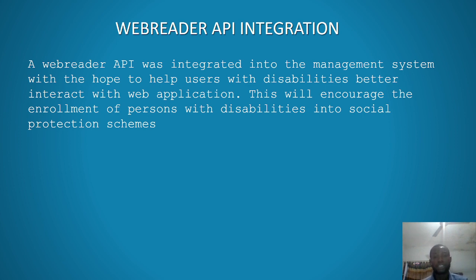The system integrates a web reader API, which has a screen reader that can help people with disability, especially blind people, interact with the website without looking at the screen. So that's some of the things I integrated into the system.